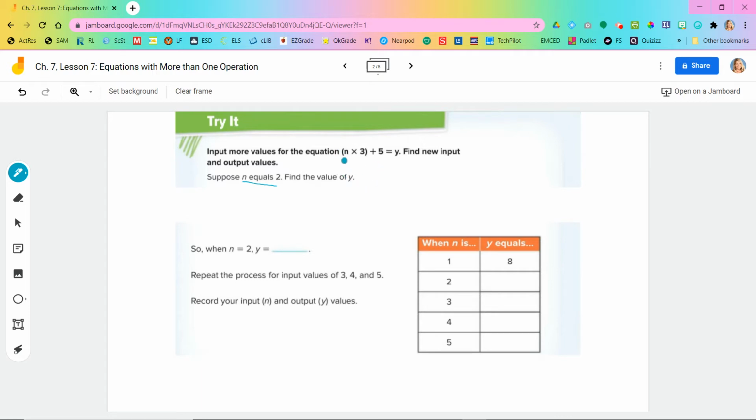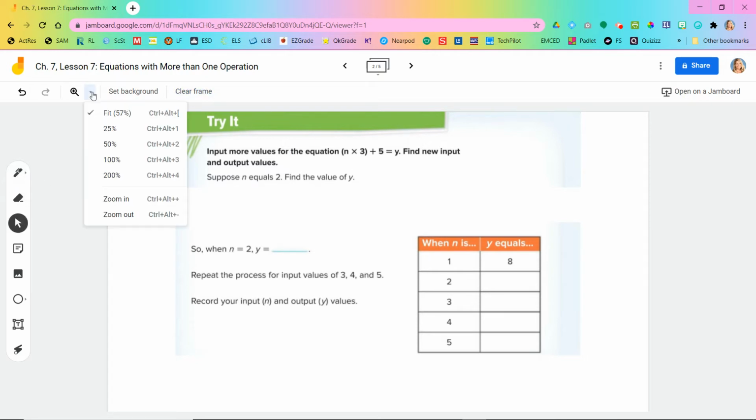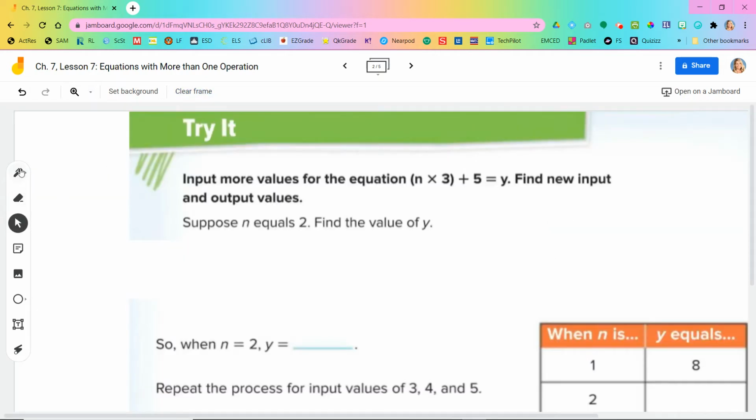So what I'm going to do is below this n, I'm going to input a 2 instead. So 2 times 3. This is really small right here. I should have, let me clear this, sorry. And let's get it back big like that. So I'm going to input n equals 2 this time.